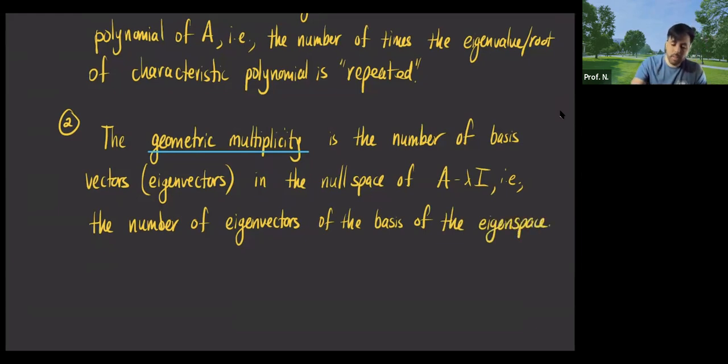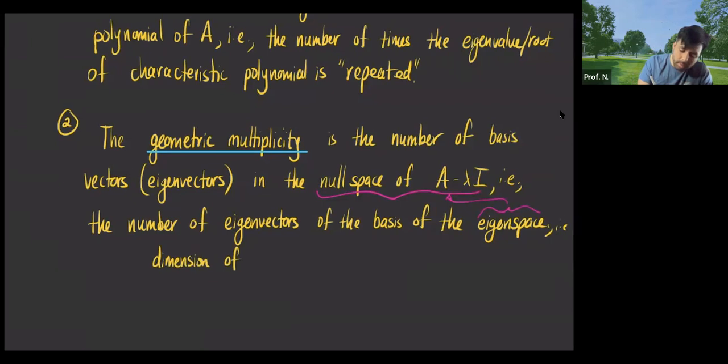Remember, the eigenspace is this statement here. The eigenspace is the null space of A minus lambda I. In other words, the geometric multiplicity is considered to be the dimension of the eigenspace.